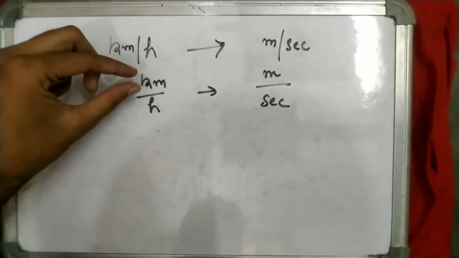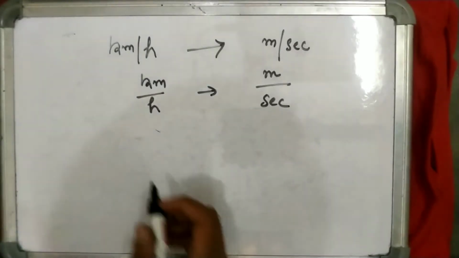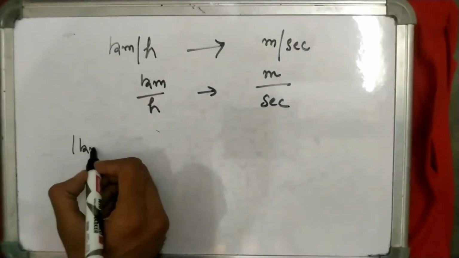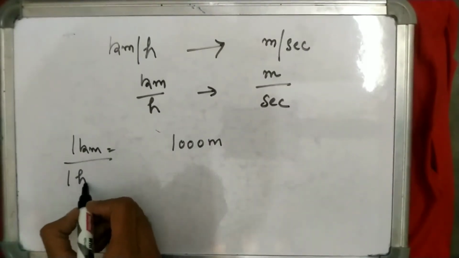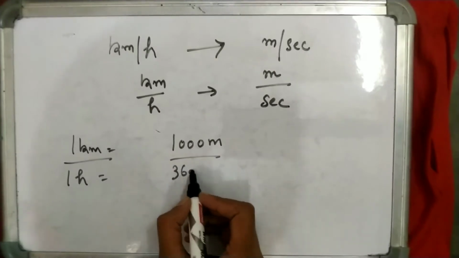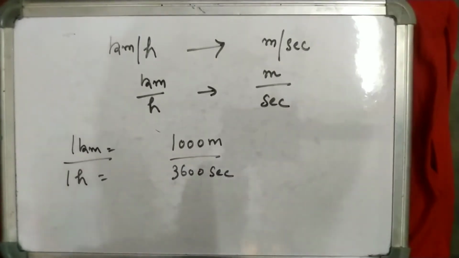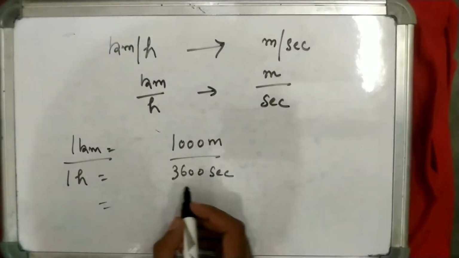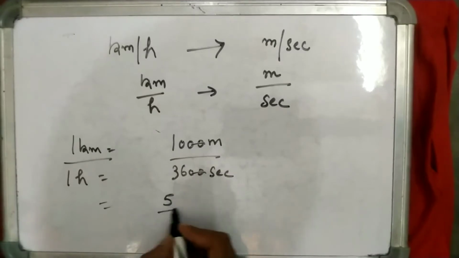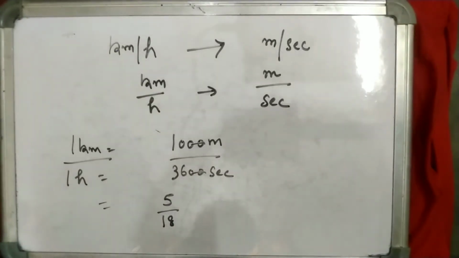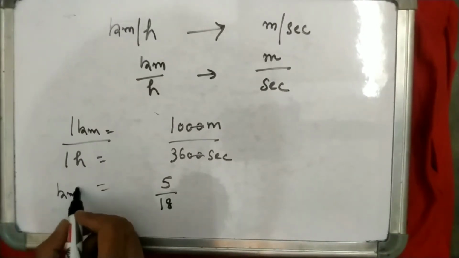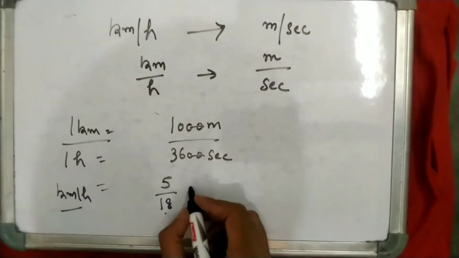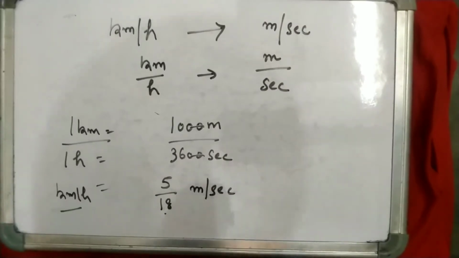In 1 kilometer we have 1000 meters, and in 1 hour we have 3600 seconds. When we cancel, we get 5 by 18. It means that 1 kilometer per hour is equal to 5 by 18 meter per second.